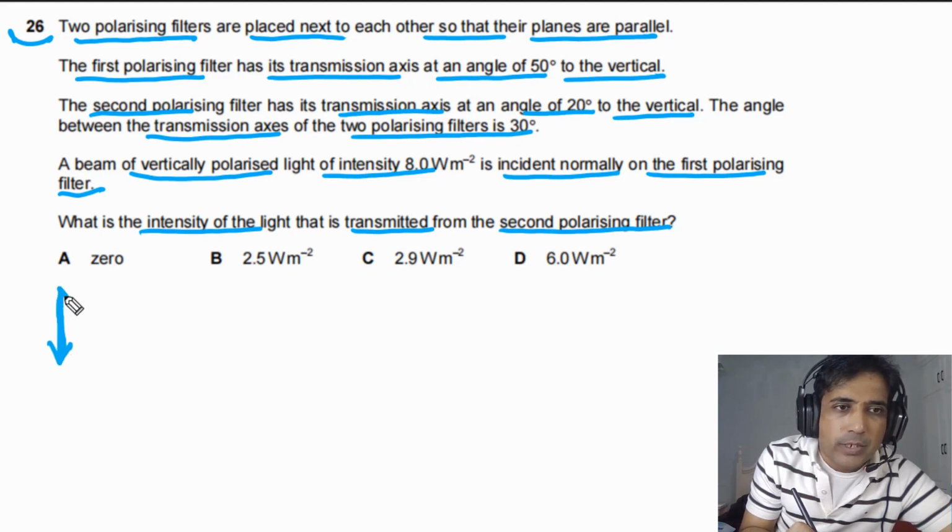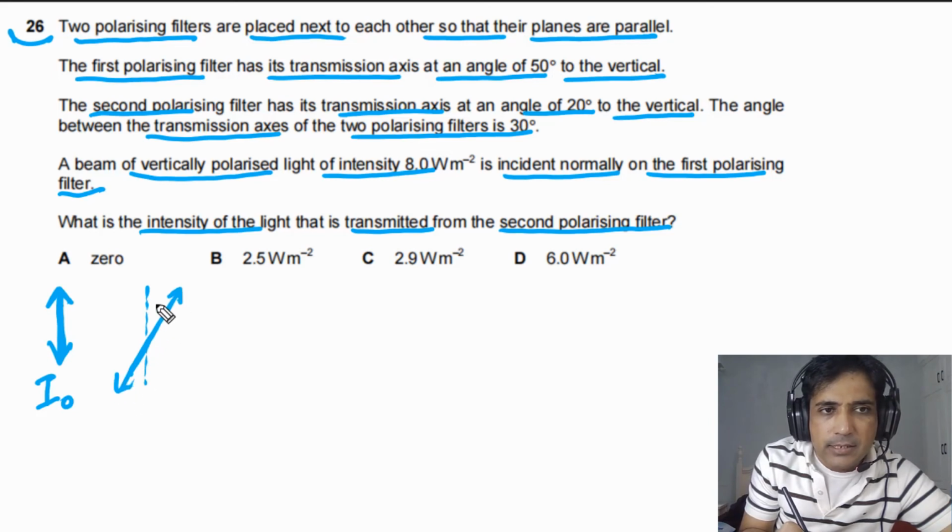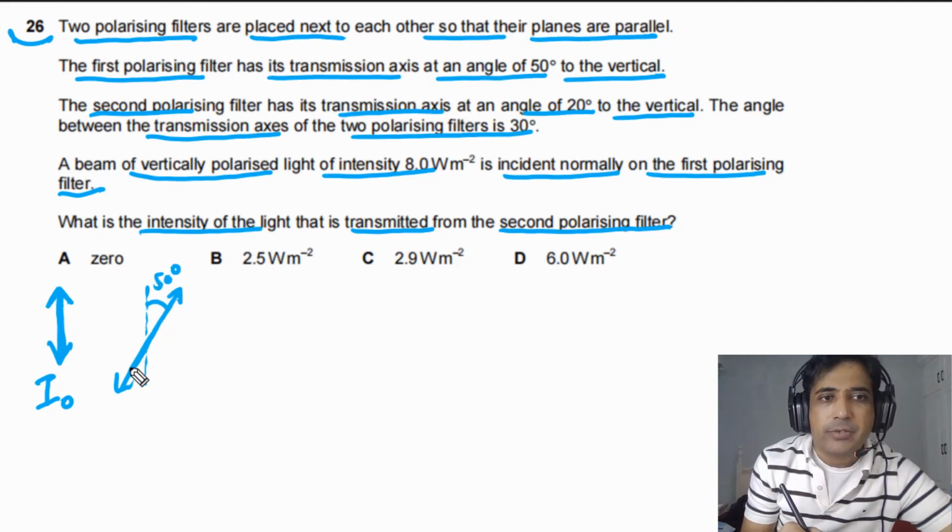Vertically polarized light. So this one is vertically polarized light. Let's say intensity of this light is I naught. This light passes through a polarizing filter, and the transmission axis of the polarizing filter is given. Transmission axis is at an angle of 50 degrees with vertical. So this angle is 50 degrees.